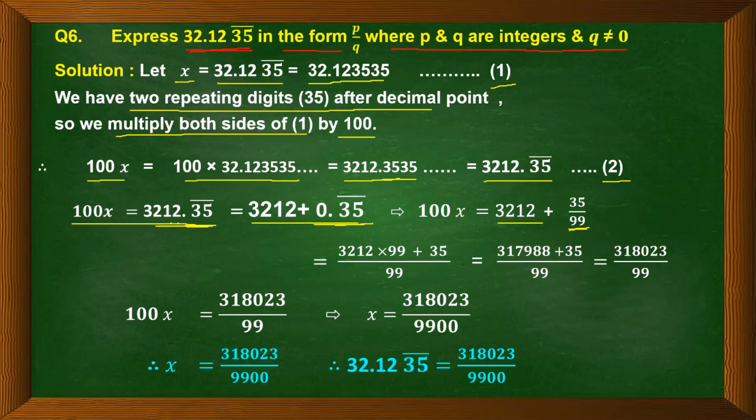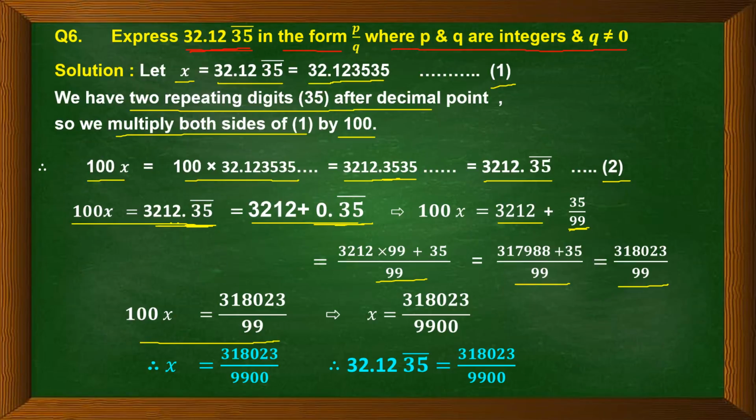So 35 by 99. Now take the LCM. 3212 into 99 plus 35 upon 99. Now 317988 plus 35 upon 99, which is equal to 318023 upon 99. So 100x is equal to 318023 upon 99.